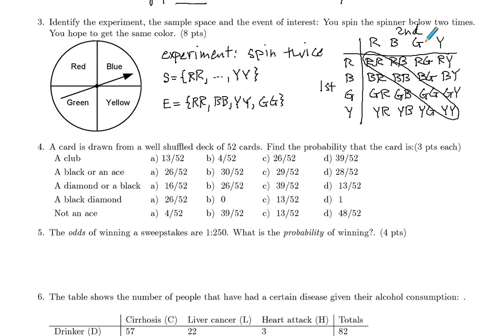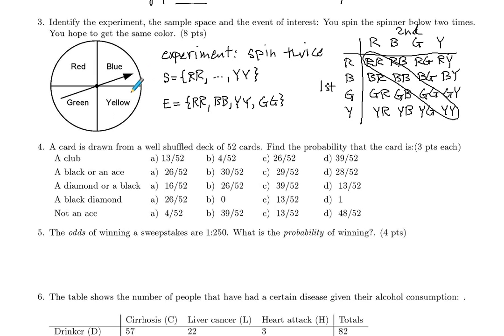And then notice that another way to get the set of all possible outcomes here is to do a tree diagram. So you could have done a 4-way split, red, blue, yellow, green, and then another 4-way split off of each one of those, and that still would have given you the 16 possible outcomes. So there are lots of possibilities for what I could do for an experiment.